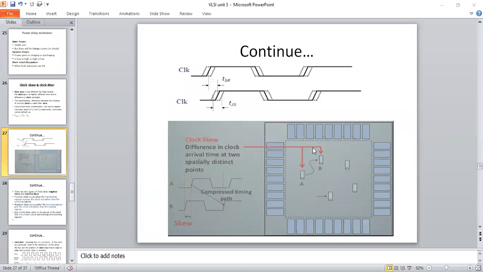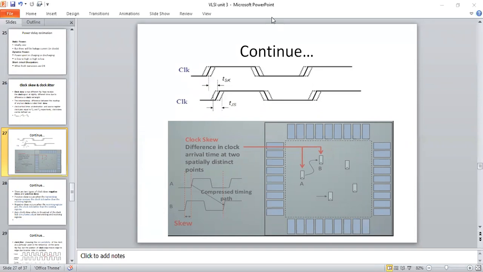While it travels the extra distance, it takes some extra time, and this extra time is called skew. So it is called skew here, for the A register and for the B register.